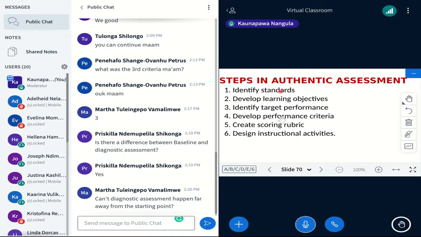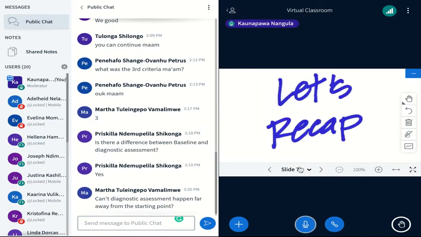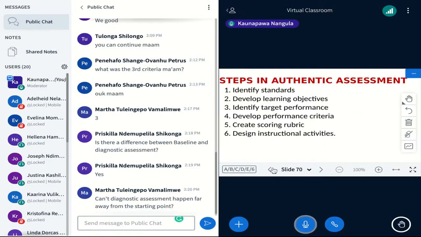So to ensure that the learners have attained these objectives and the performance criteria that you have created, what kind of activity or task are you going to have the learners perform? All right. And yeah, that's the end of the content.